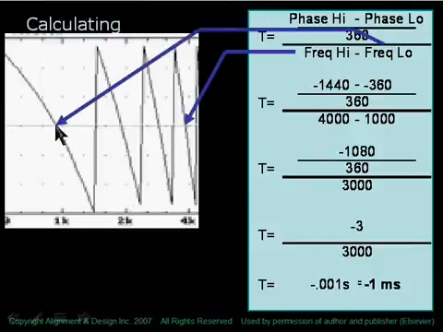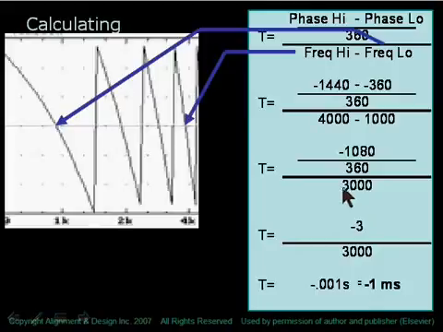Following the phase response starting at the 360 degrees, we see it turn, and then turn again, and turn yet another time, for a total of 1440 degrees of phase shift minus the original 360, for a phase shift of 1080 degrees. 1080 divided by 360 factors out to be 3, so 3 wavelengths, which you can readily see, over the 3000 Hertz span will divide out to become, once again, 1 millisecond.